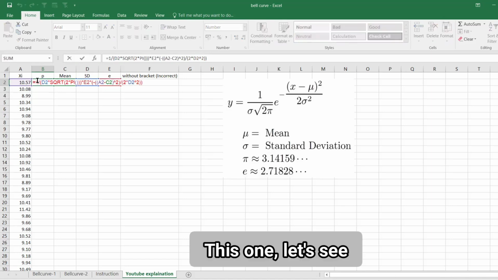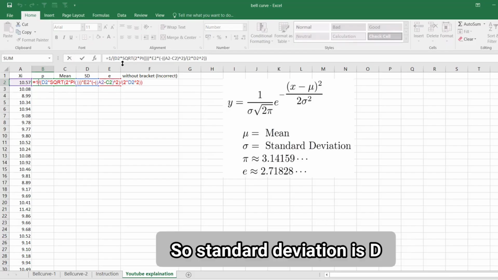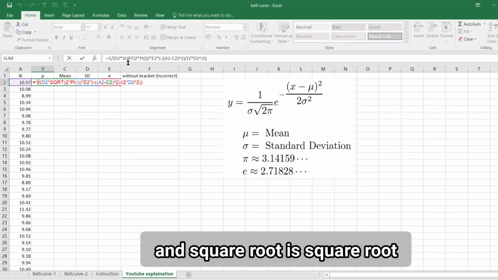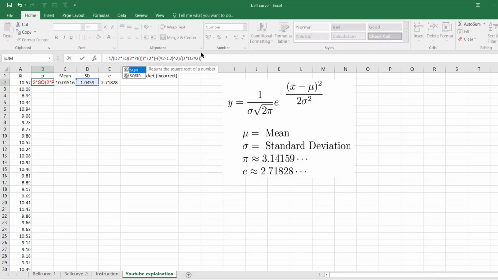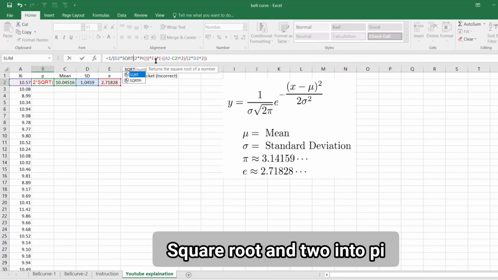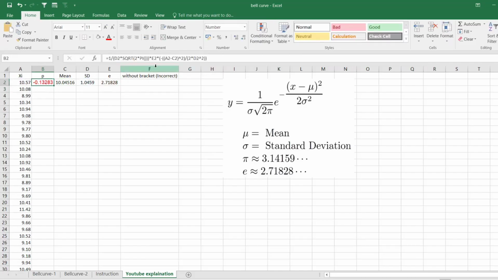So this one, let's see what we have done wrong. Standard deviation is D, and square root. Okay, I put like square root actually. I need to put square root and 2 into pi, and this is the one. Okay, something is wrong here.